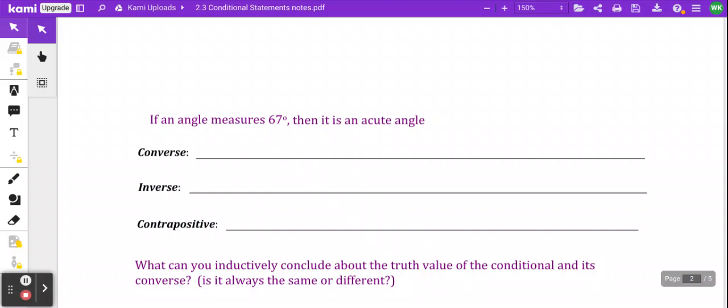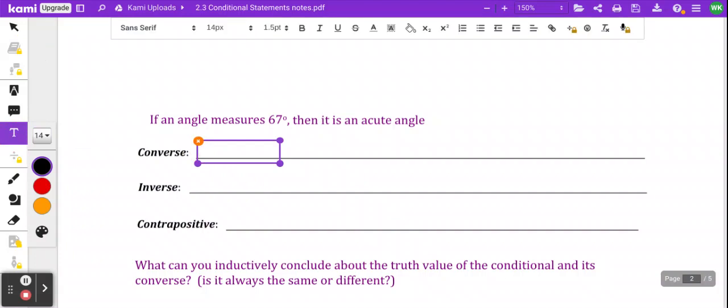If an angle measures 67 degrees, then by definition, it is an acute angle. So the converse is, if an angle is acute, then, how do you spell acute? Then it measures 67 degrees.